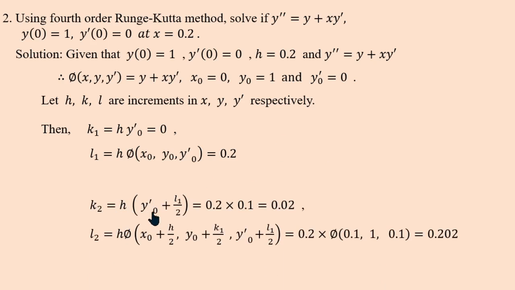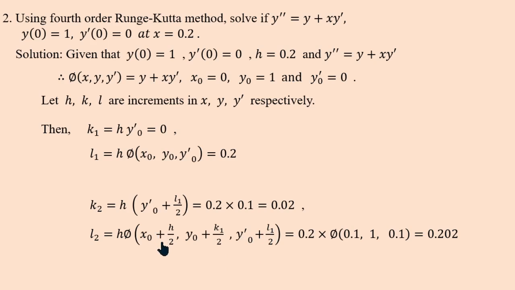K2 is h into y naught dash plus L1 by 2, 0 plus 0.1, that is 0.1 into 0.2, that is 0.02. L2 is h into phi of x naught plus h by 2, y naught plus k1 by 2, and y naught dash plus L2 by 2.